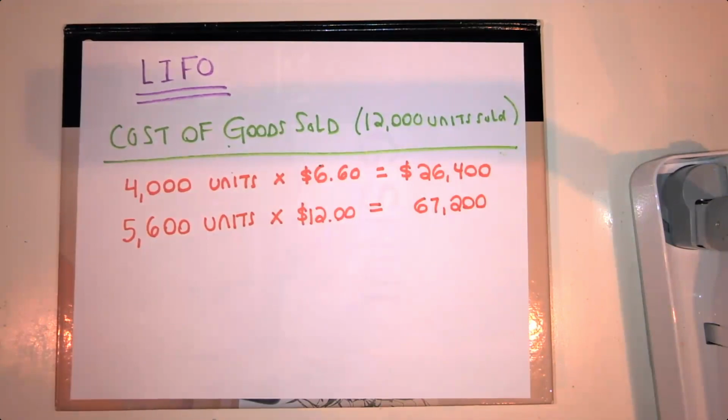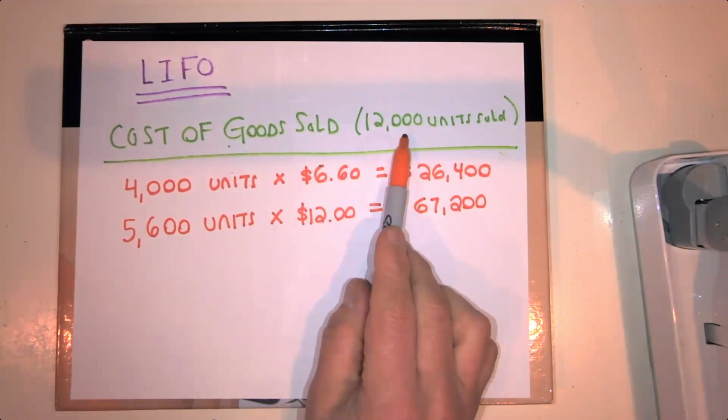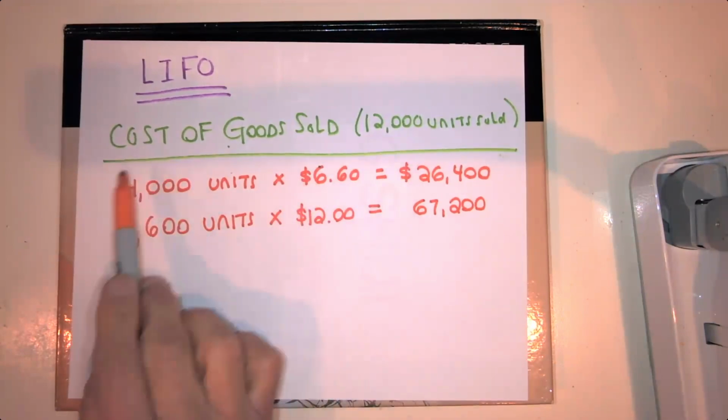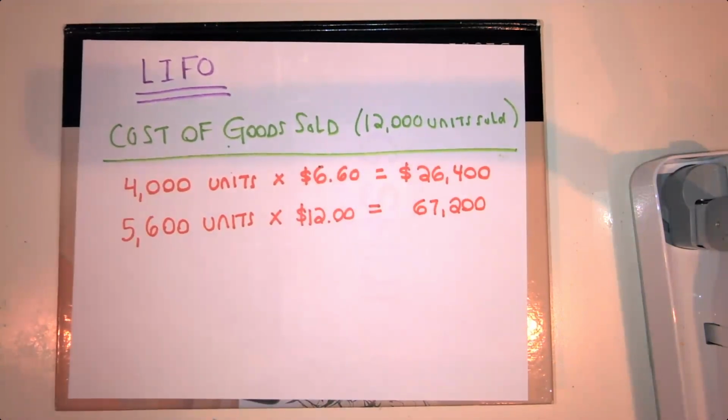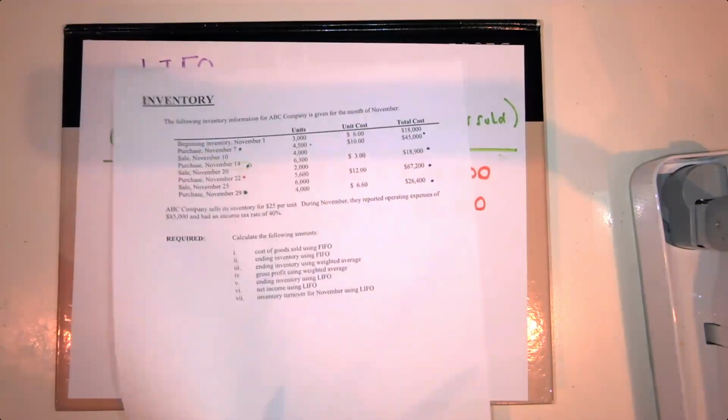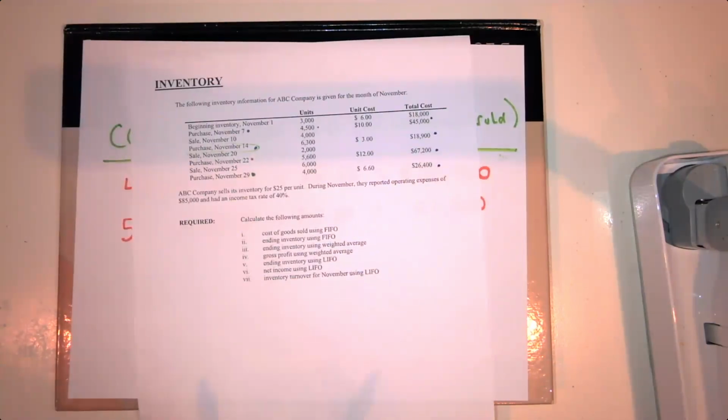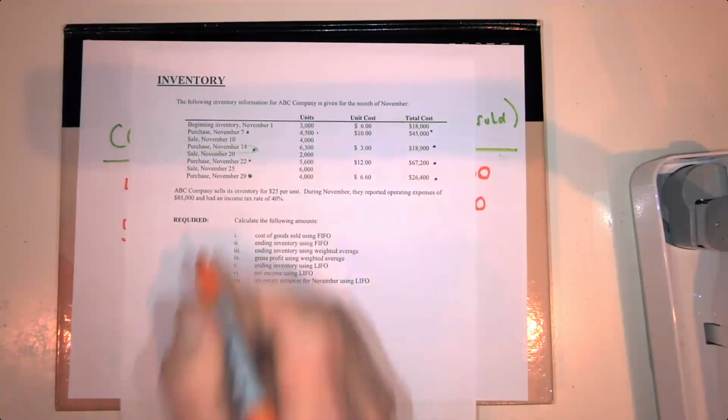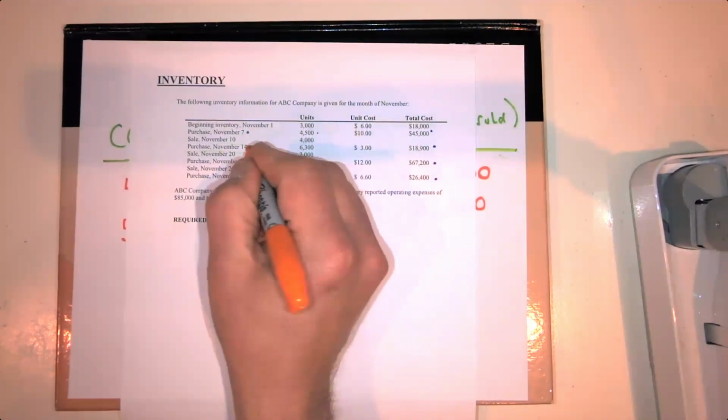And I know I'm still not done because I haven't reached 12,000 units yet, right? What we got here is what, 9,600? So I go to my next newest inventory, the purchase here on November 14th.